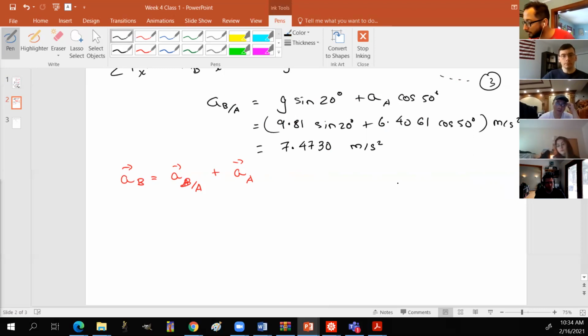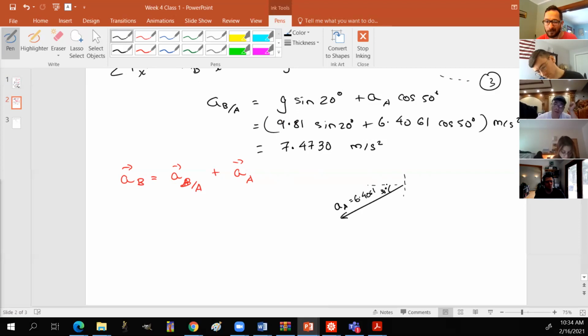So if we draw it out, you have the acceleration of A, which is 6.4061. I won't put the units in here because we know that everything is fine. So this angle here is 30 degrees, right? And then you've got the acceleration of B relative to A, something like that, right?